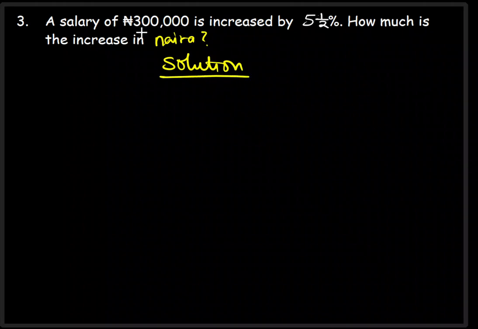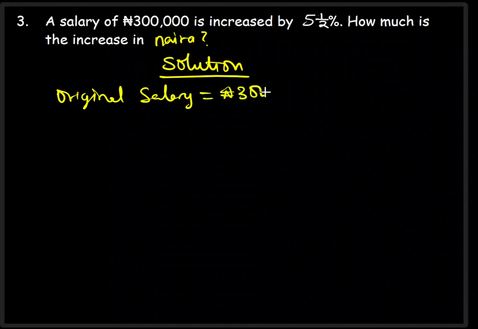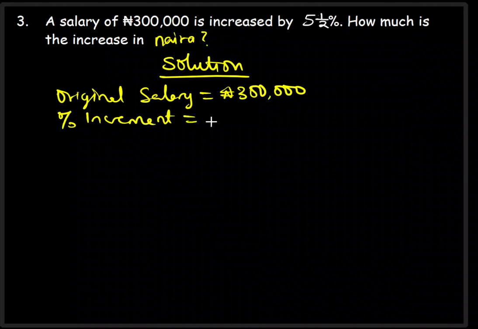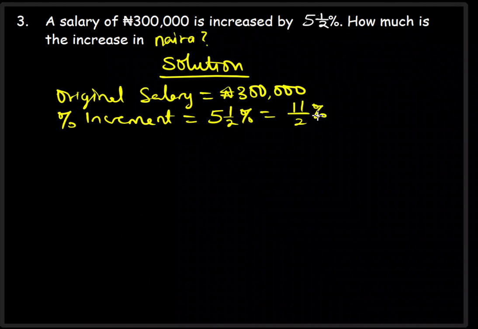A salary of 300,000 means the original salary is equal to 300,000 naira. Our percentage increment is equal to 11/2%.